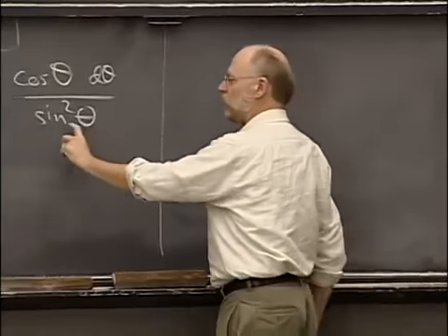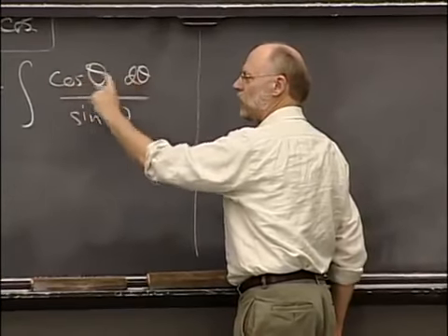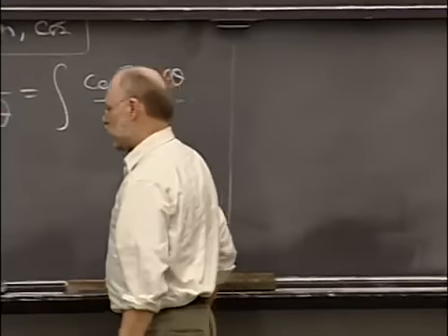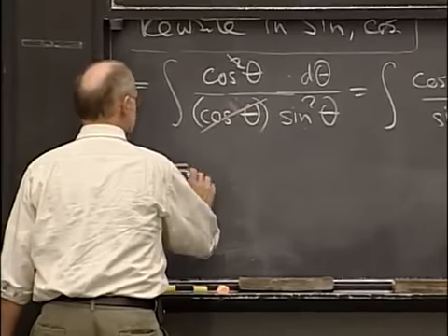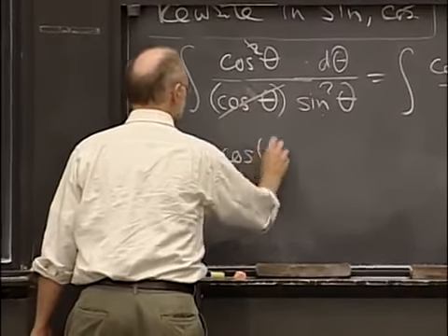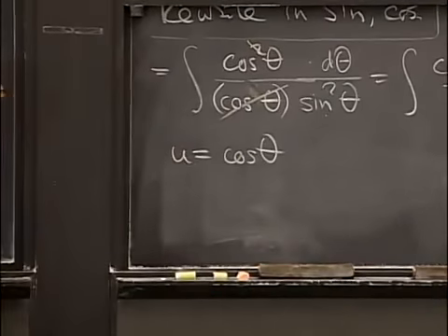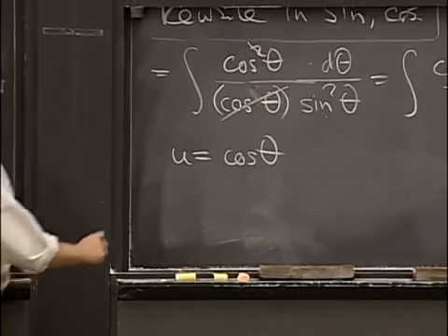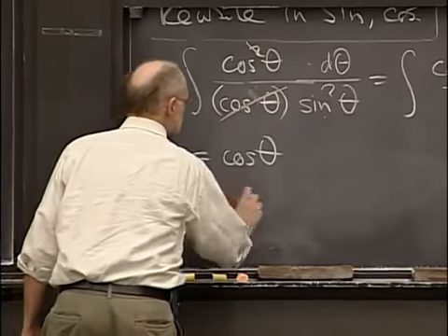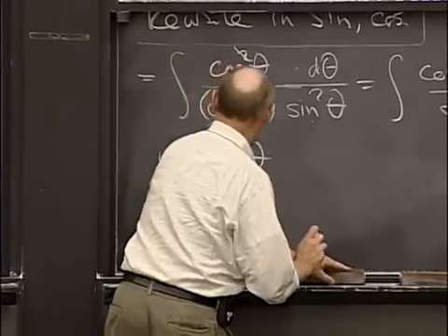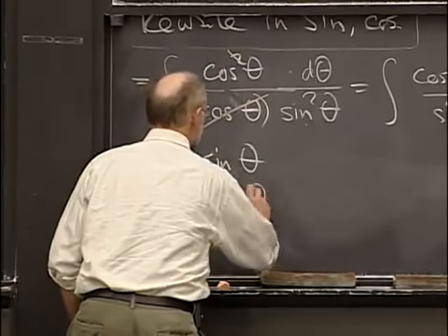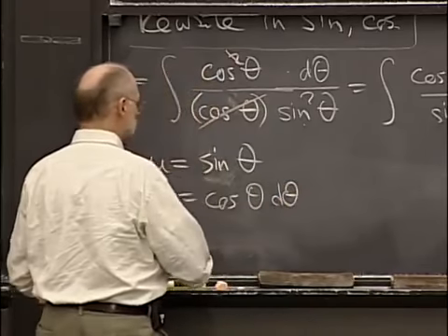The differential of the sine is the cosine, and so I'm very much inclined to make another substitution, a direct substitution this time, and say u is the cosine of theta, because then du, oh, I'm sorry, say u is the sine of theta, because then du is cosine of theta d theta.